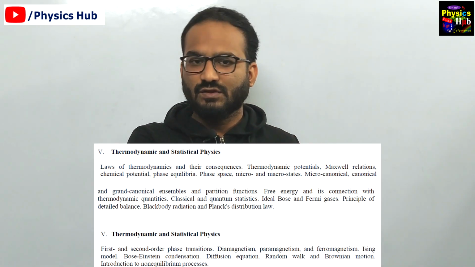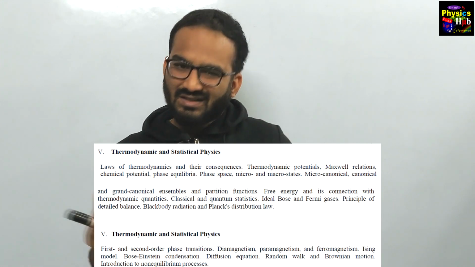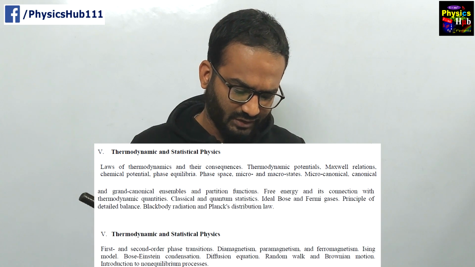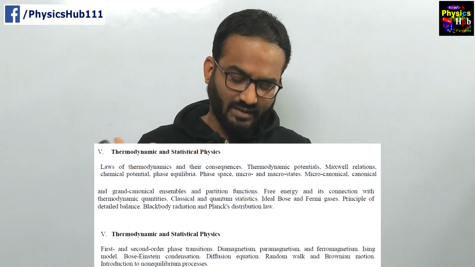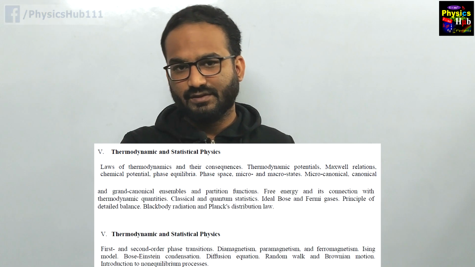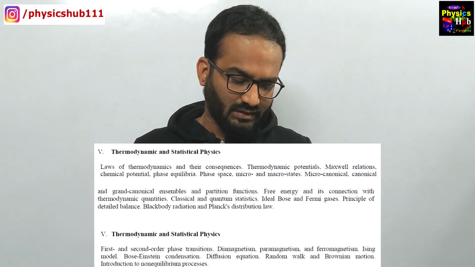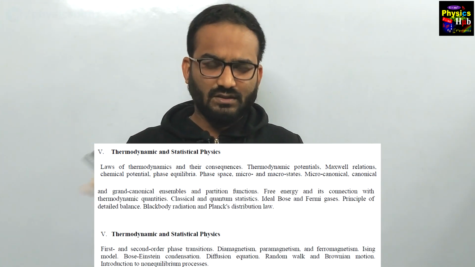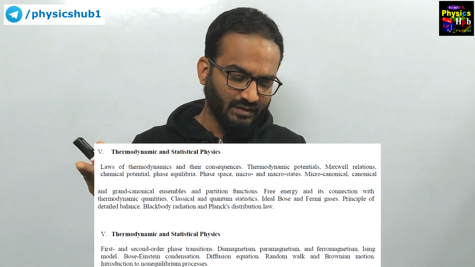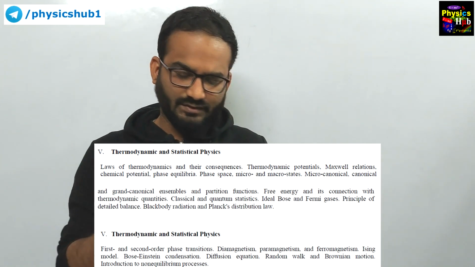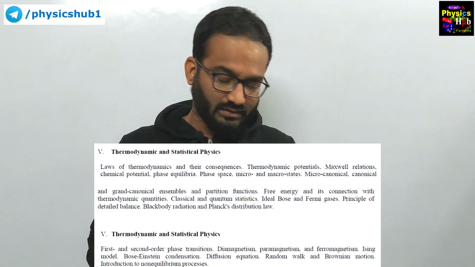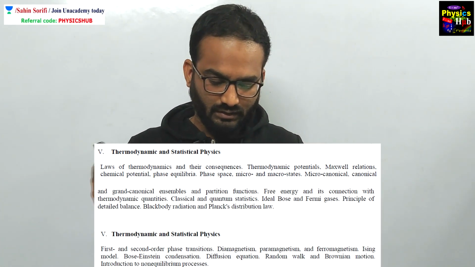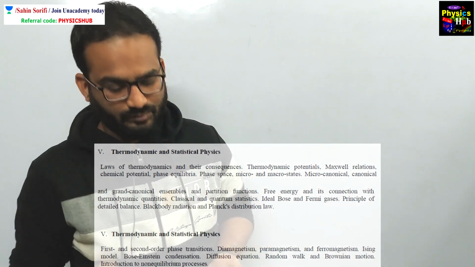The other two laws, the zeroth law and third law, will also be covered with their statements. Then Maxwell's relations, thermodynamic potentials, phase space, microcanonical, canonical and grand canonical ensembles, free energy and its connection with different quantities, then classical and quantum statistics, and finally the principle of detailed balance, black-body radiation and Planck's distribution law. In the advanced portion you can see phase transition, magnetism, diffusion, random walk, Brownian motion and non-equilibrium processes.